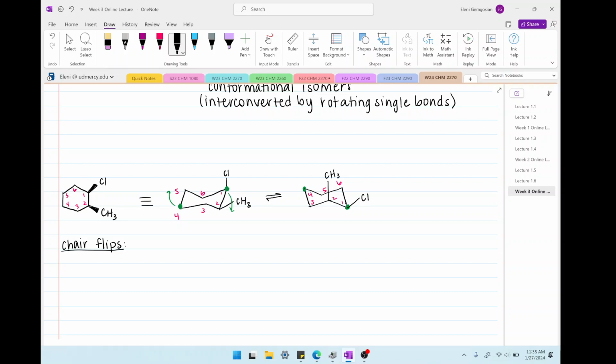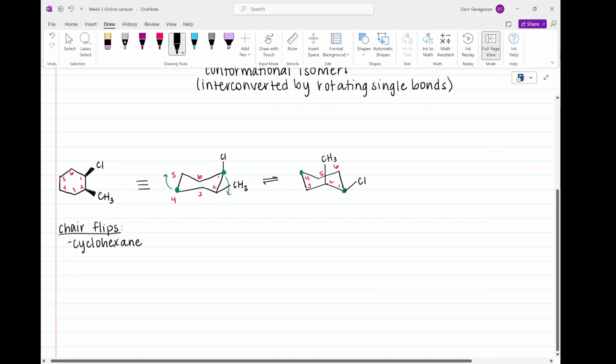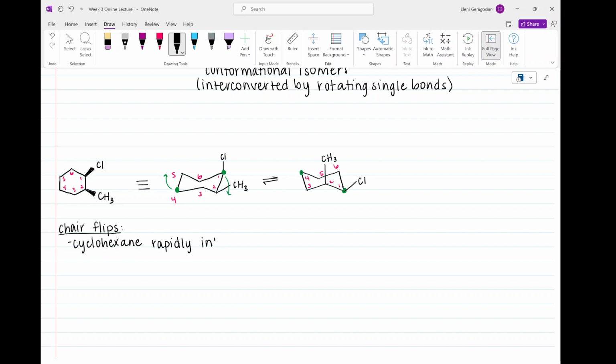So, chair flips. Cyclohexane. Well, just to think about why we're even drawing these chair flips: cyclohexane rapidly interconverts between its two most stable conformations.